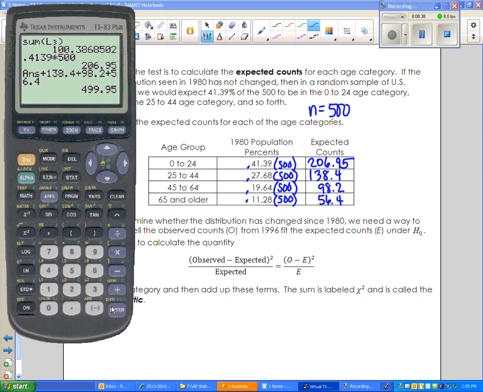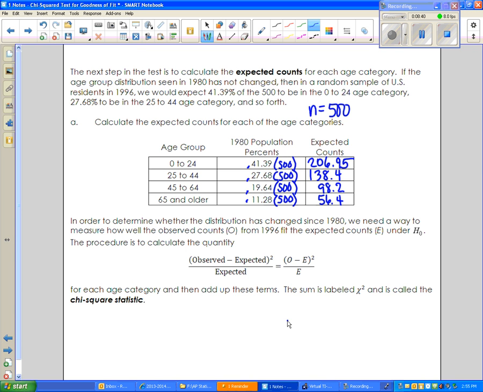Okay, so the next step would be to determine your chi-squared value, which is determined by taking the sum, and I probably put the parentheses in the wrong place, of your observed minus the expected values from your sample, squared, and then divided by your expected values, and then adding up all of the values from each of those categories.